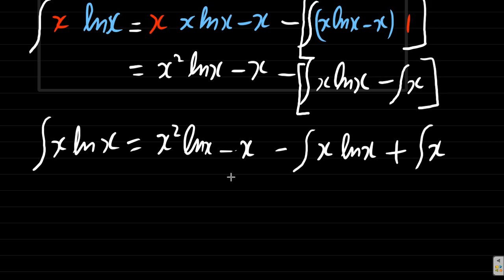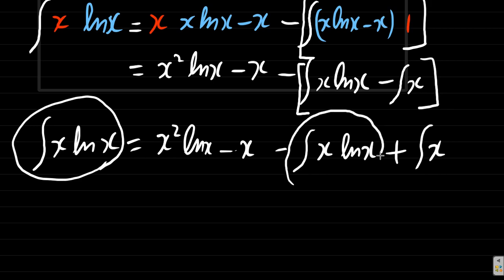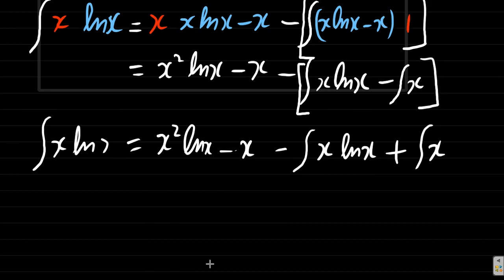But notice something here. We have the integral of x ln x here and the integral of x ln x here. The same things. So what we do now, let us add the integral of x ln x to both sides.